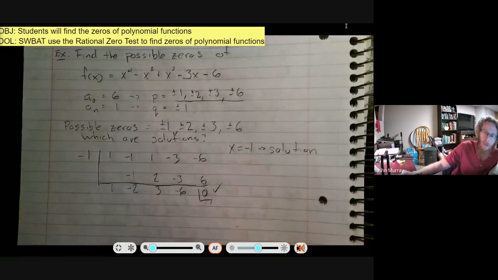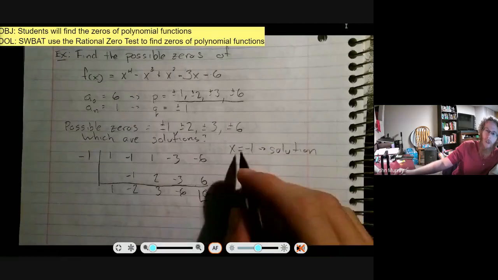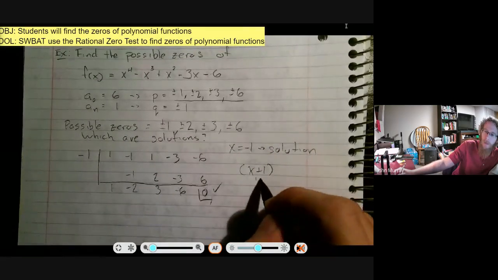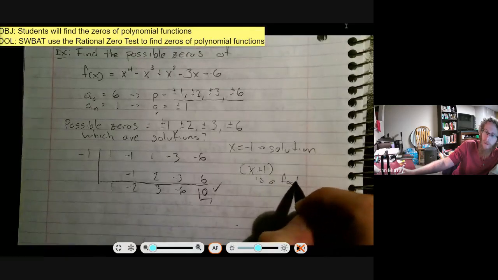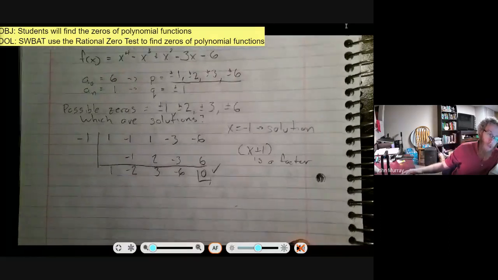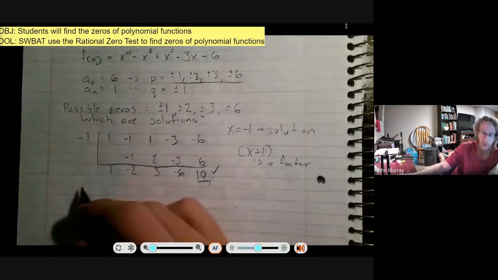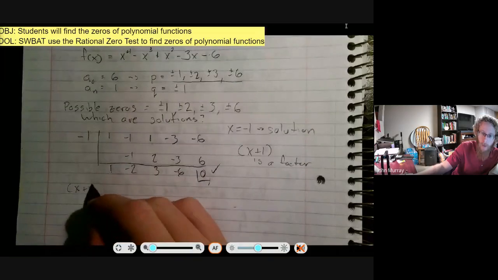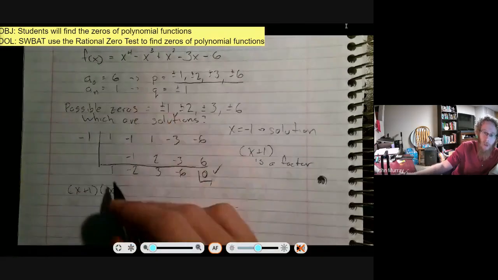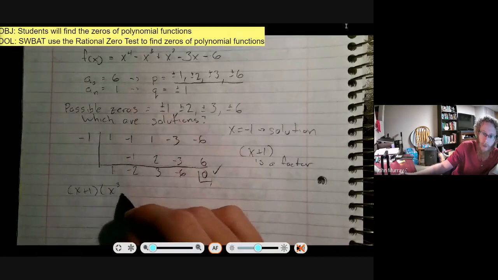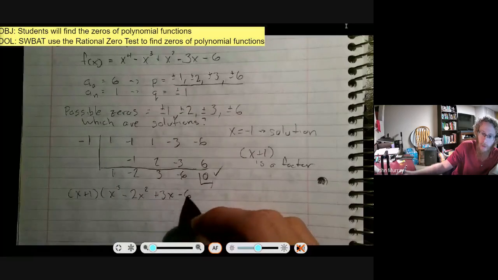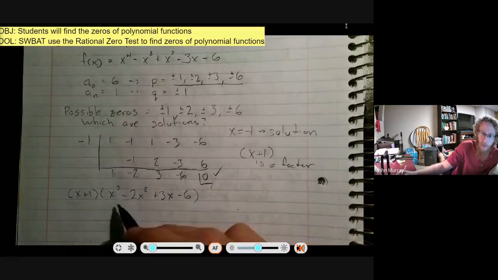Our remainder is 0, then it's a zero. That means I have a factor of x plus 1. So I could rewrite this as x plus 1 times, now remember, this was x to the 4th, so we drop this down to x to the 3rd minus 2x squared plus 3x minus 6.